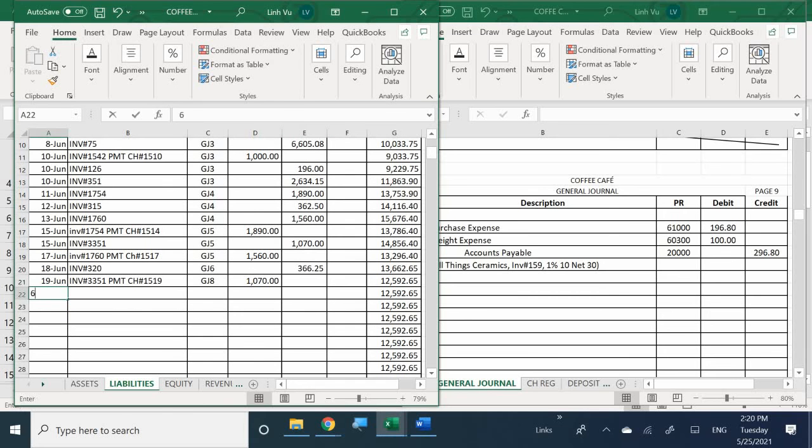It'll be 620, invoice number 159, GJ9, and a credit for 296.80, which should give us a balance of 12,889.45. 12,889.45. Good.